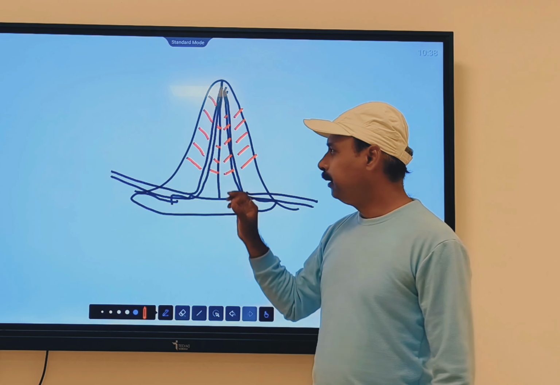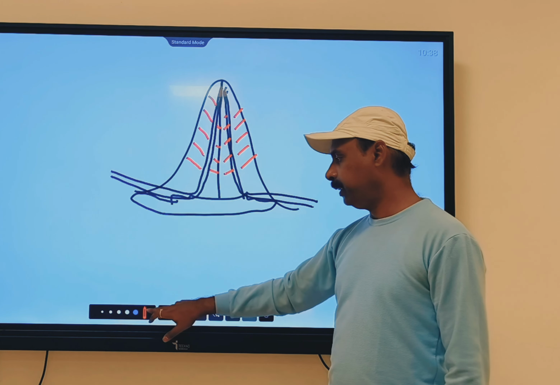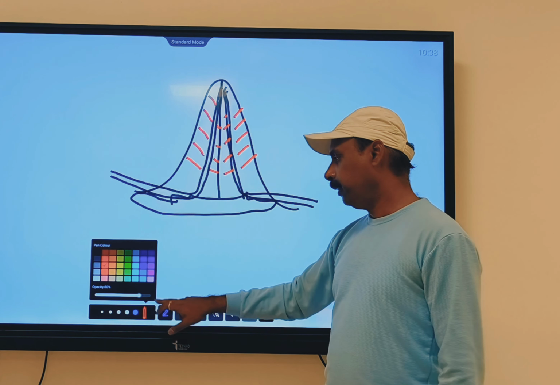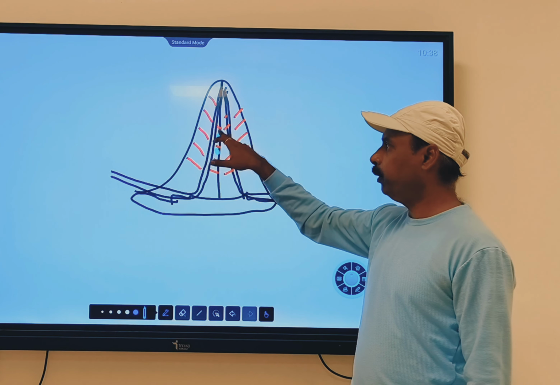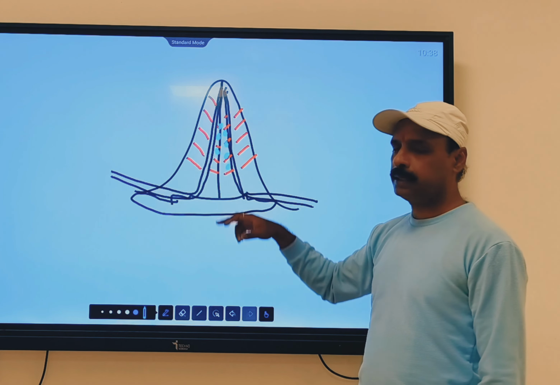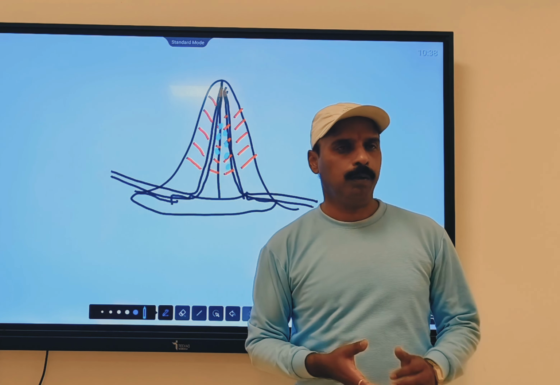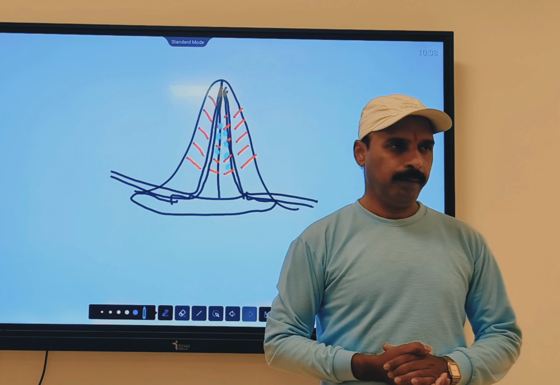Is it clear? Then what does it contain? When you go to the contents, you are going to have the small submental lymph nodes, on both sides, 2 to 4 or 3 to 4 small submental lymph nodes. Very easy.